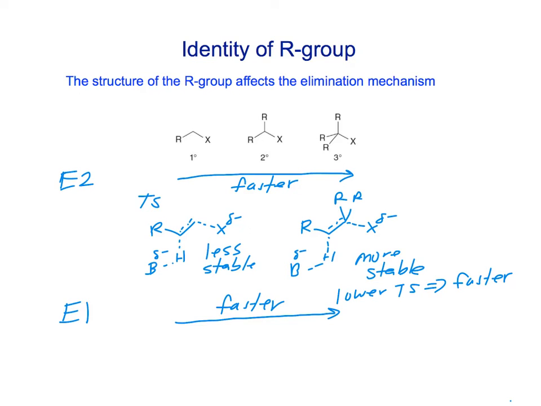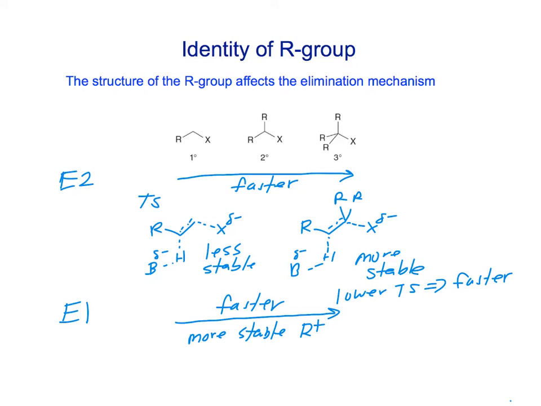So is it going to be for the same reason? No, the reason here is the same as what we saw for the SN1 reaction, because remember, E1 involves the formation of a carbocation. And so as we go from primary to secondary to tertiary, we are going to generate more stable carbocations. Right?